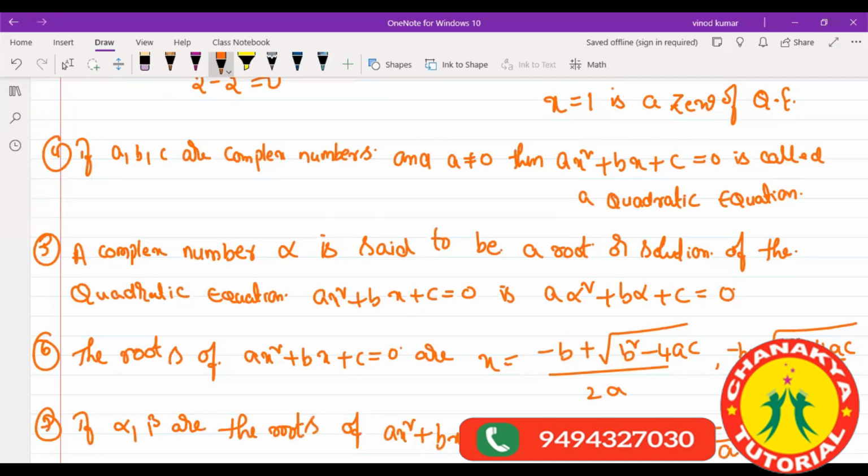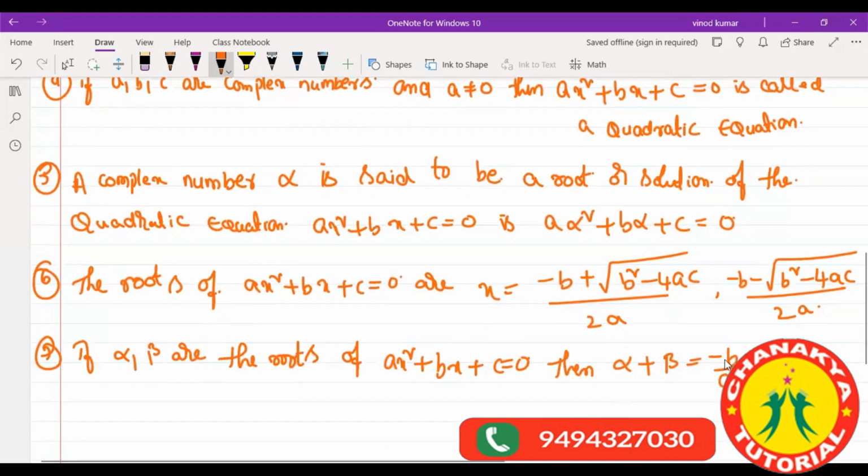The sum of the roots, that means alpha plus beta, is minus b by a. Product of the roots, alpha into beta, is constant by x square coefficient. Here, sum of the roots is alpha plus beta, and product of the roots is alpha into beta.